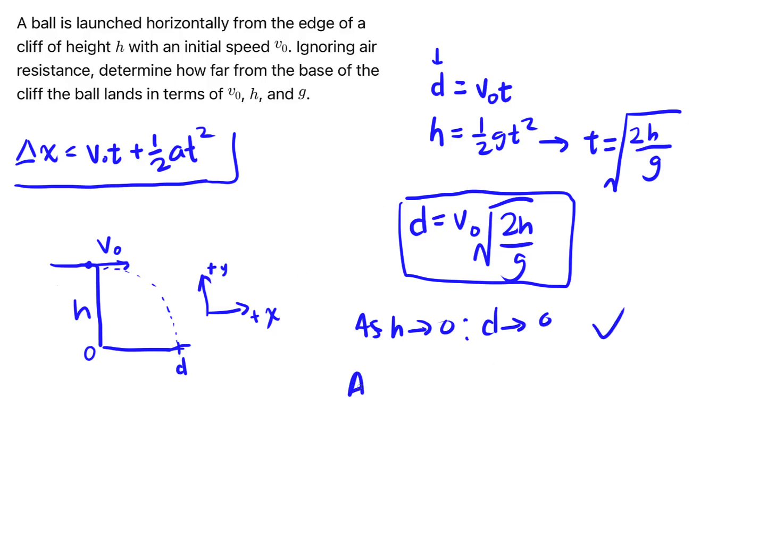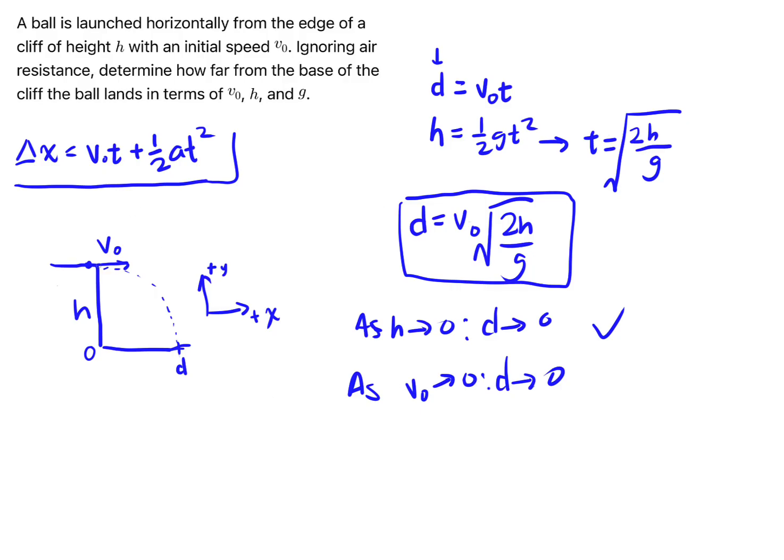And we can also check what happens as, say, v naught approaches 0. Notice in this equation, as v naught approaches 0, this whole term becomes very small. So again, d approaches 0.